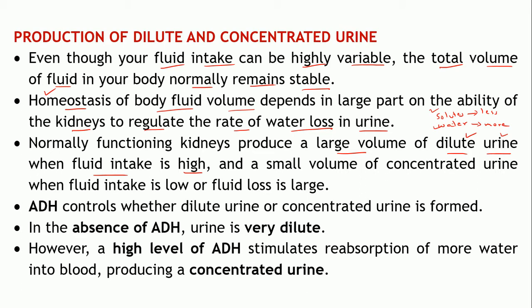So this particular urine will be dilute in nature. That means there will be a smaller amount of solutes and more water present in this type of urine. When is it excreted? When you consume a lot of fluids, so a large volume of dilute urine will be produced.